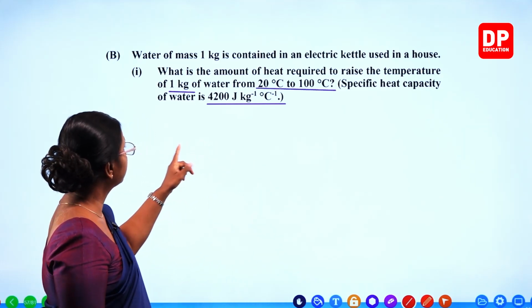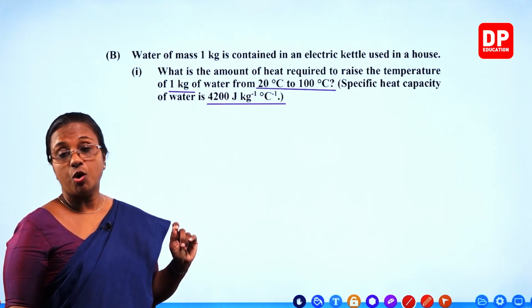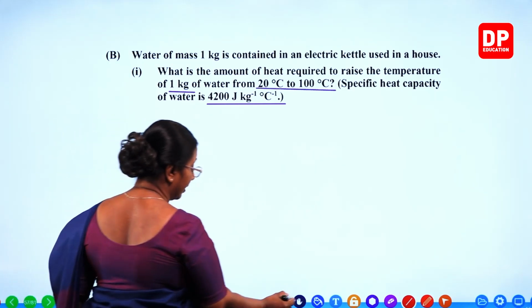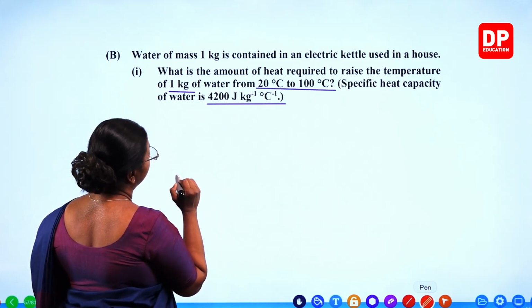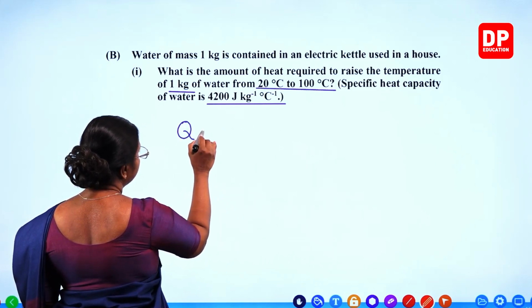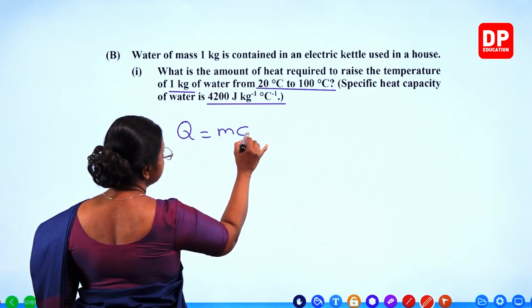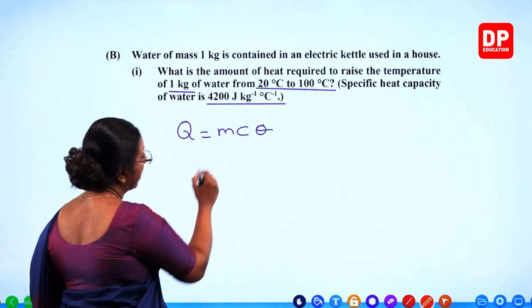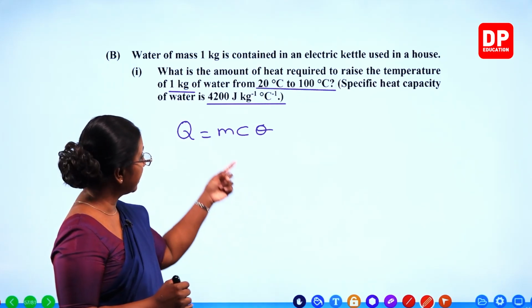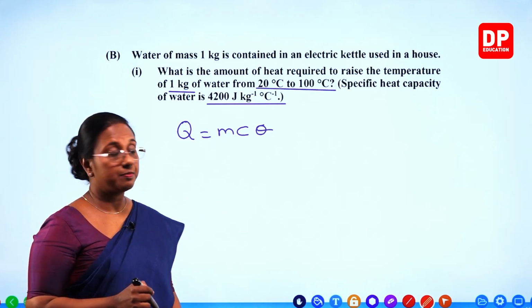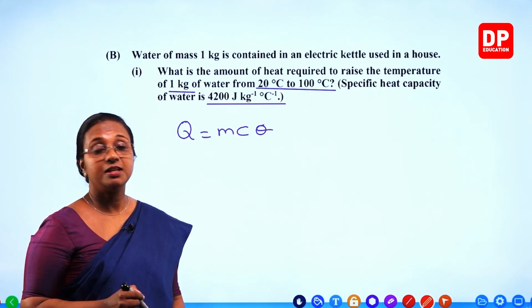So that is 4200 for water. So then we can calculate the heat that was required. Heat Q is equal to mcθ, where m is the mass of the substance, c is the specific heat capacity, and θ is the change in temperature. Q is the heat required.